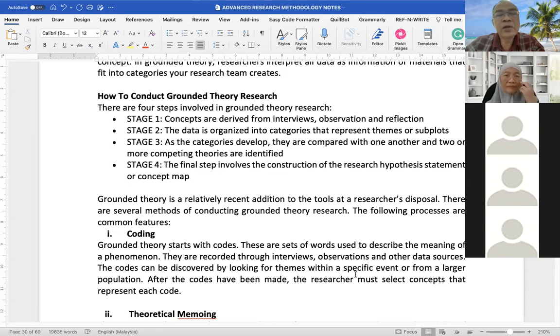Stage 2, the data is organized into categories that represent themes or subplots. Like I said, this is done using Nvivo.